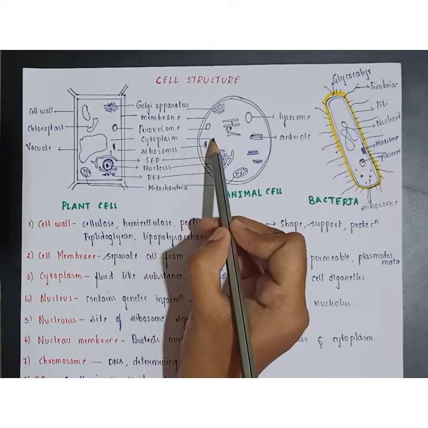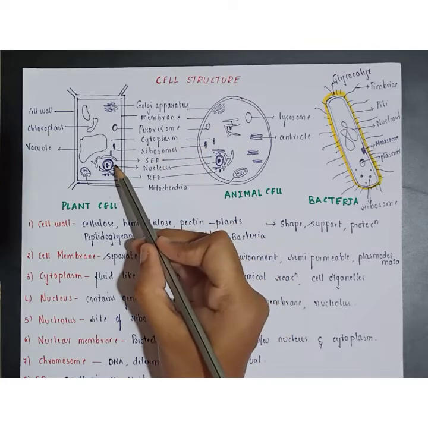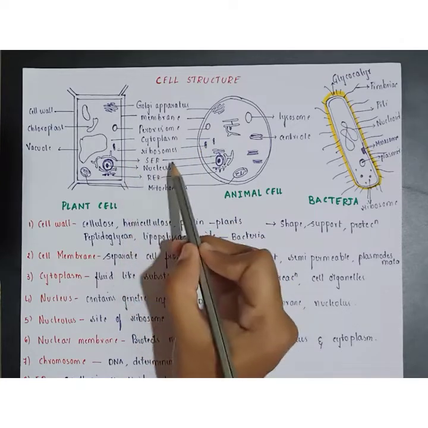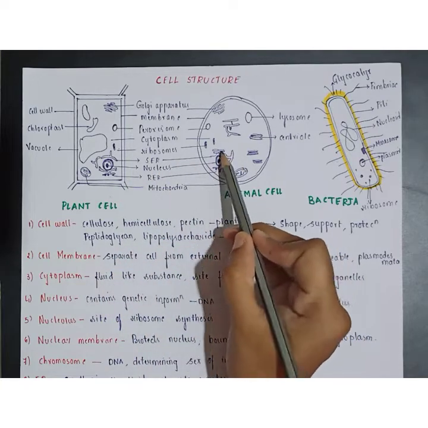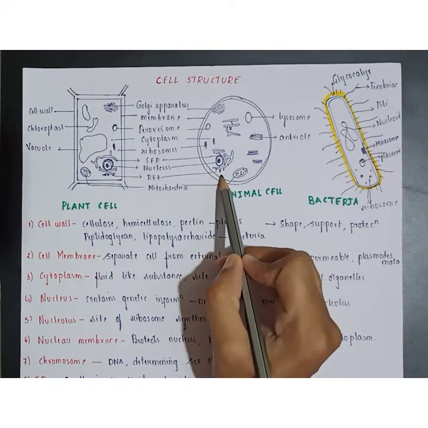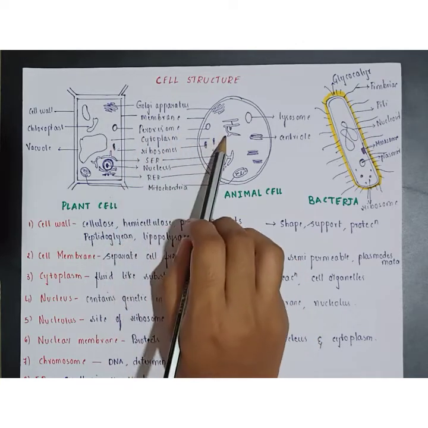The inner fluid is called cytoplasm, and these are the ribosomes. Here it contains smooth endoplasmic reticulum, nucleus, rough endoplasmic reticulum and mitochondria. So these are the similarities between the plant cell and animal cell.